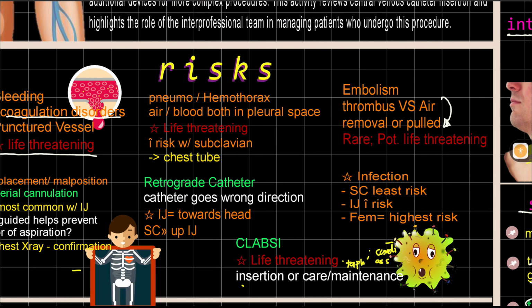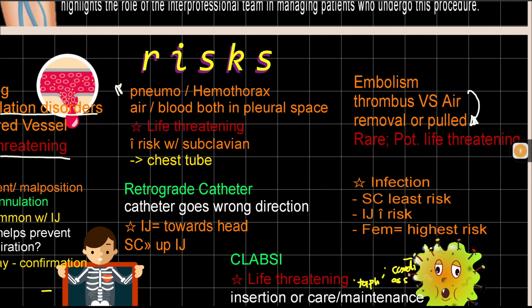Now, other risks include pneumothorax and hemothorax. You know that this is air or blood in the lungs, or in the patient. You can see this when the central line insertion is not done well, a combination of pneumohemothorax due to central line insertion. They are both located, the air and the blood, in the pleural space. And this is life-threatening as well.